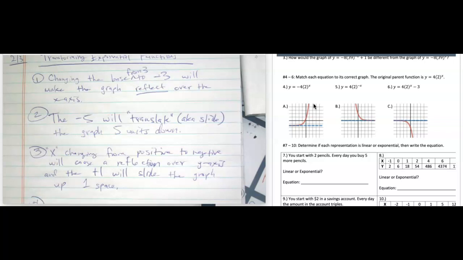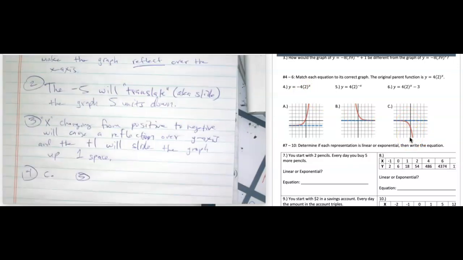Changing that 4 to a negative again will reflect over the x, which makes it C. Because originally, if you follow my mouse, the original graph does this. So reflecting that over the x-axis will result in C. So number 4 is C, and you can check that. You could punch into Desmos y equals 4 times 2 to the x power, and then y equals negative 4 times 2 to the x, and it will definitely flip down.